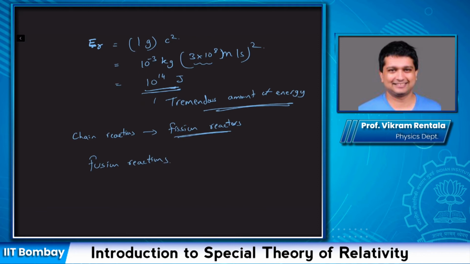Rest mass energy is converted into kinetic energy, but again, this requires such high temperatures and pressures, and this has not been done in controlled environments on the Earth.